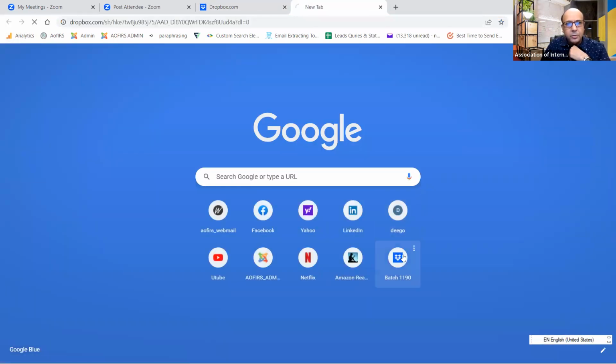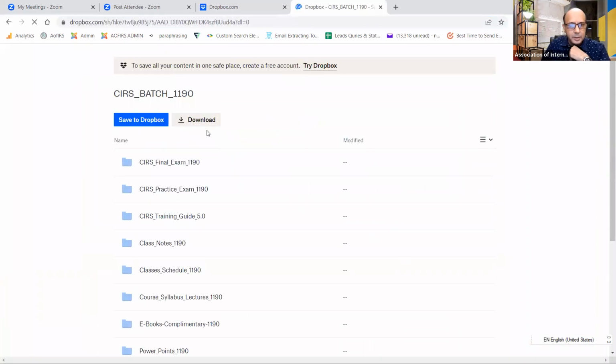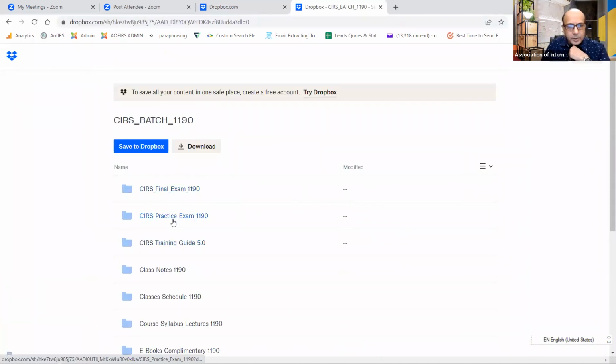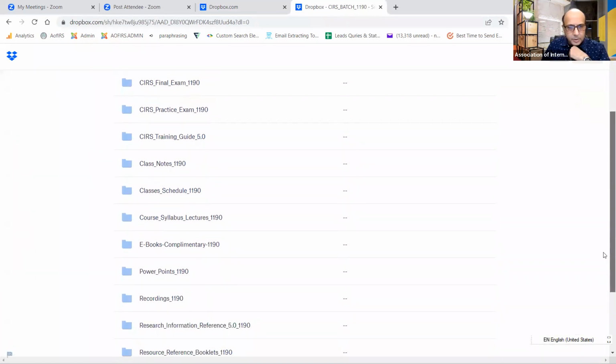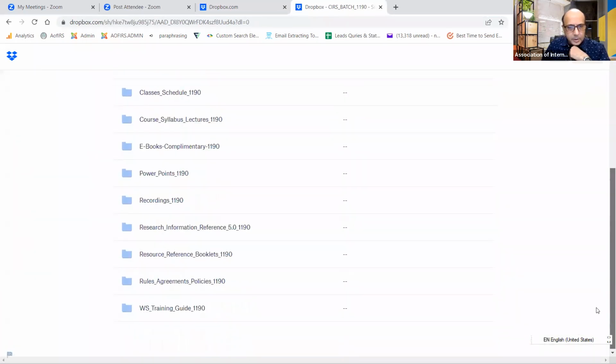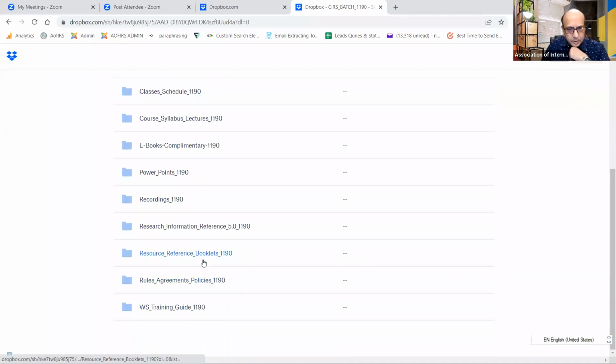The folders are class notes, class schedules, course syllabus, PowerPoints, and research info. The WS training is from one of the students who took a course called Web Search Skills, which covers module 2.